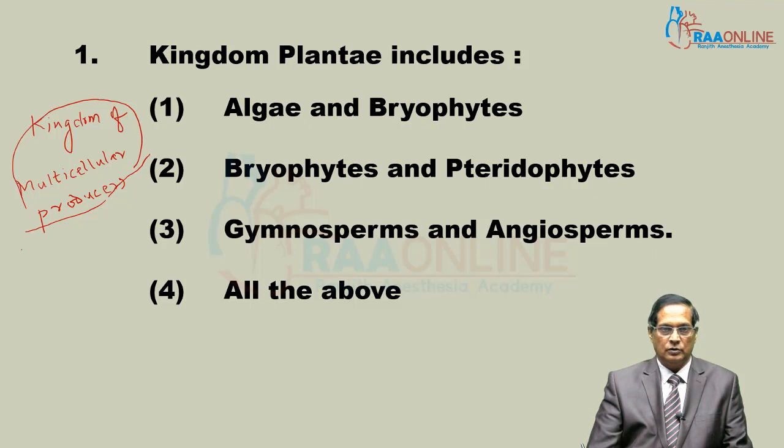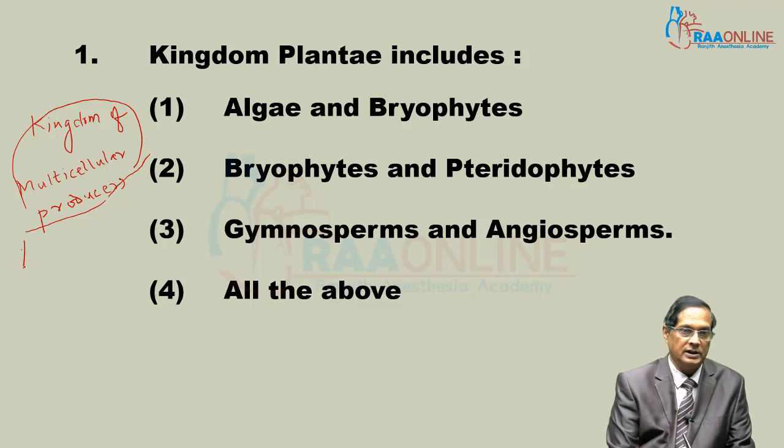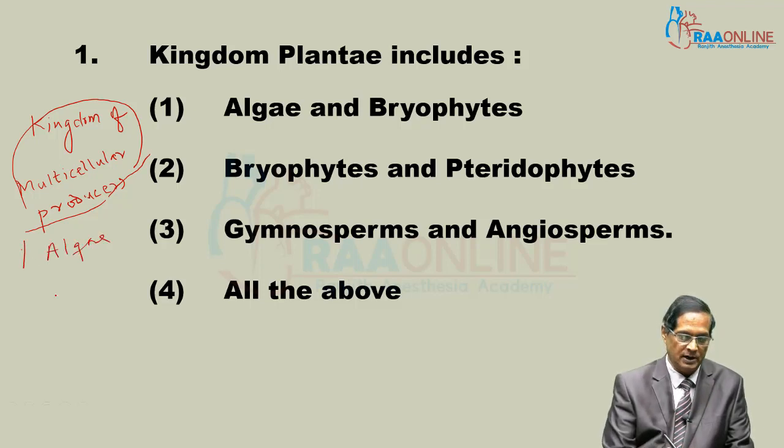This kingdom includes algae, bryophytes, pteridophytes, gymnosperm as well as angiosperm. That is, it includes algae, the most primitive plants. Number 2, bryophytes.